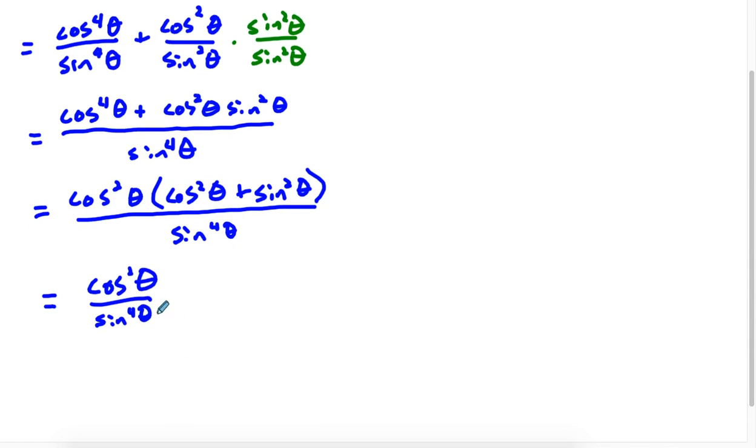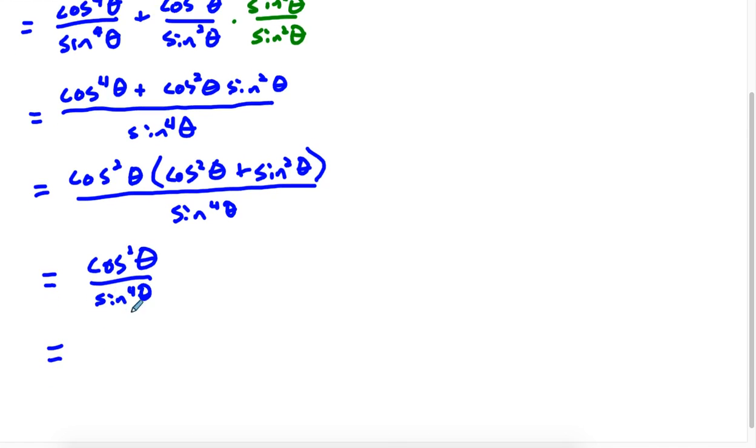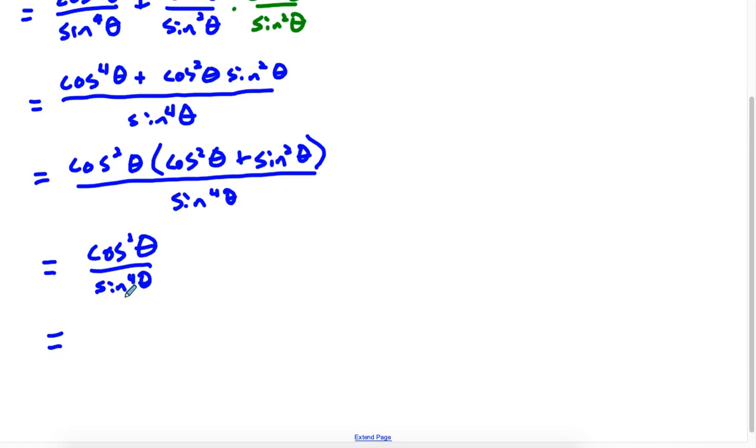Now, this next step might not be immediately obvious, but I can actually split up the denominator into sine squared times sine squared. So what I'm actually going to do here is make this cosine squared over sine squared times 1 over sine squared.